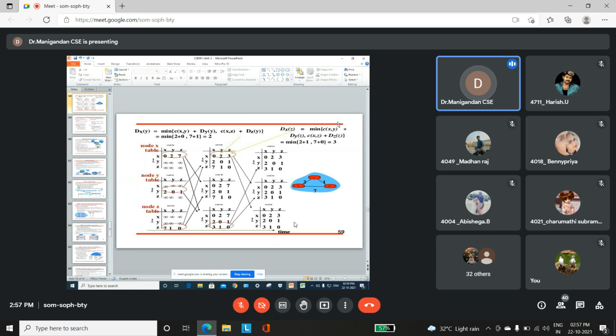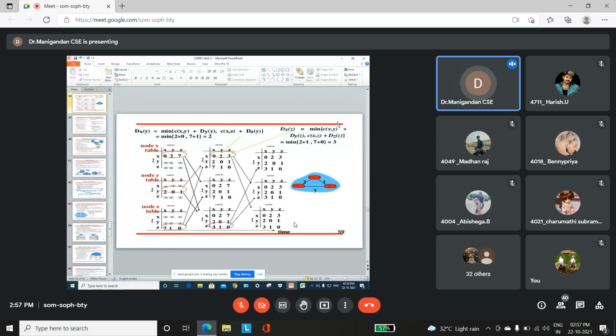So 2 is the minimum value. Another one in this diagram: the minimum of c(x,y) plus d_y(z), and c(x,z) plus d_z(z). Here it is 2 plus 1 and 7 plus 0, so the minimum value is 3.